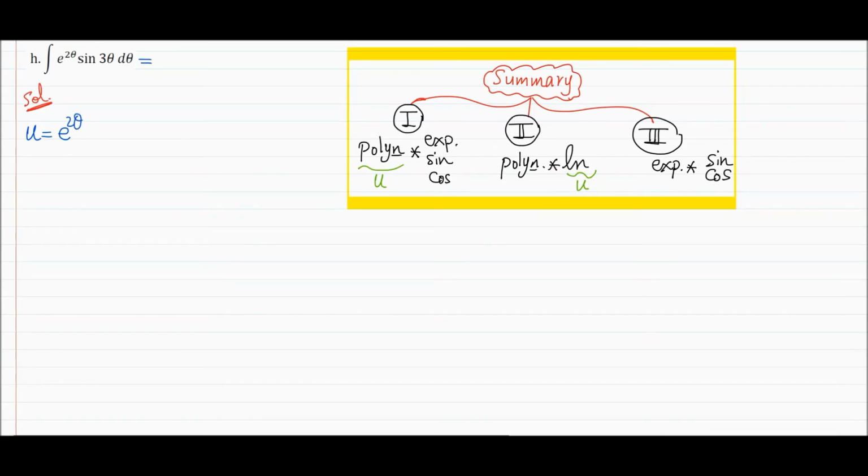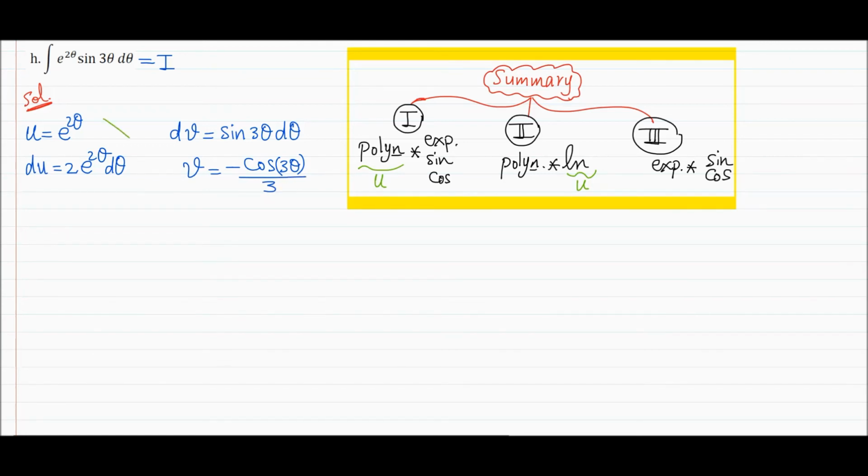I can call this integration I. And dv is what is inside the integral, sin 3θ dθ, and now du will be 2e^(2θ) dθ, and v here will be negative cos 3θ over 3.